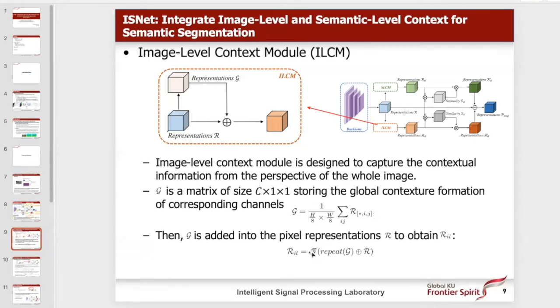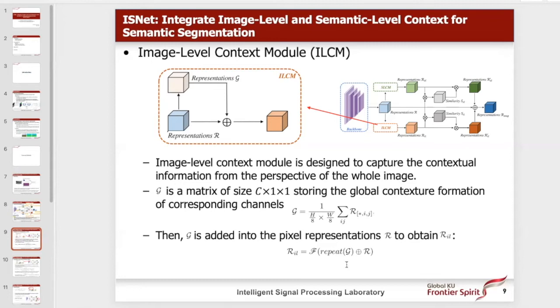F is realized by a one by one convolutional layer. And the author says F is a transform function used to fuse G and R. Okay, F. So G is added into pixel representation R to obtain R_IL, right?